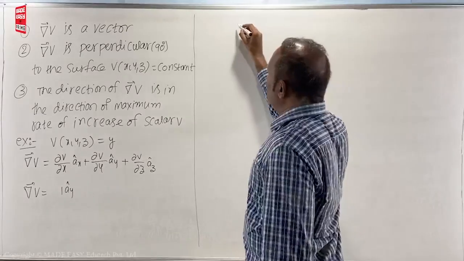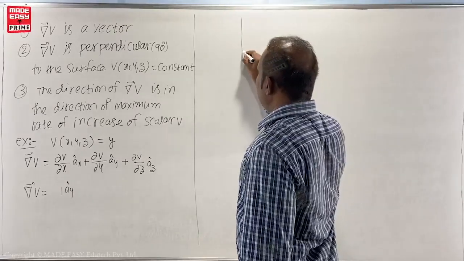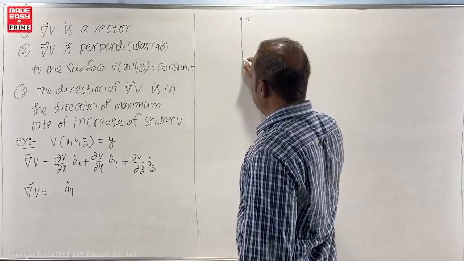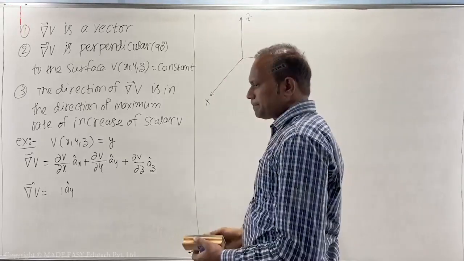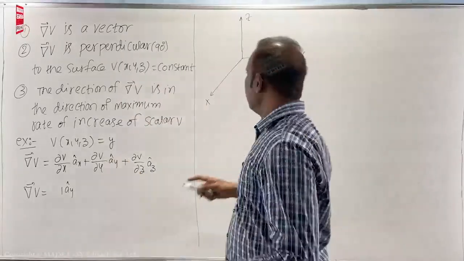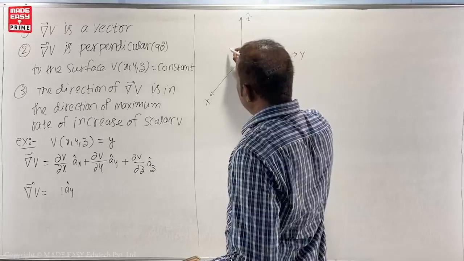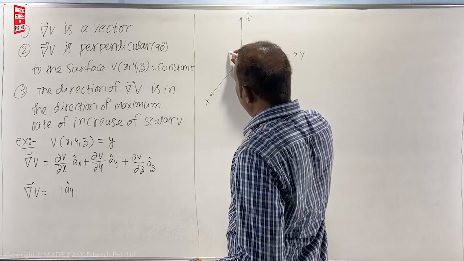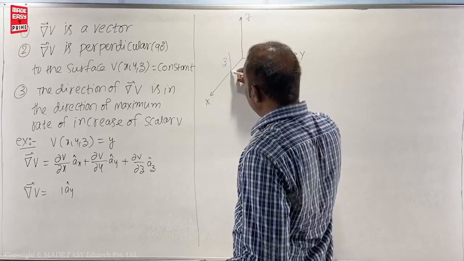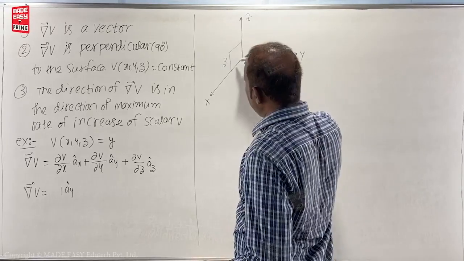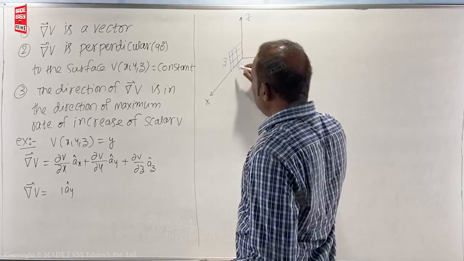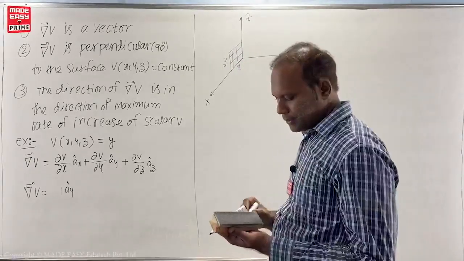Now I will take this as the y-axis, this as the z-axis, and this as the x-axis here. I will draw a line parallel to the z-axis. So this is z, then this is x, so this is the xz surface.